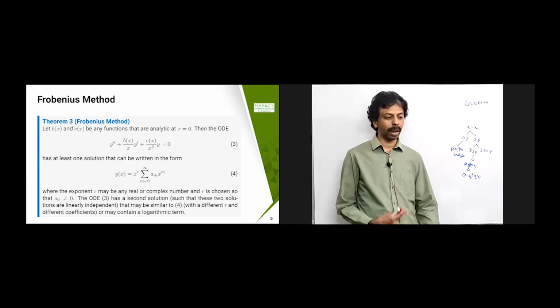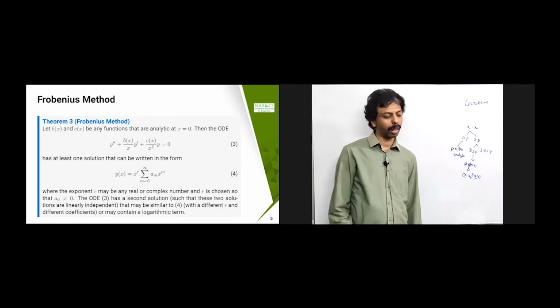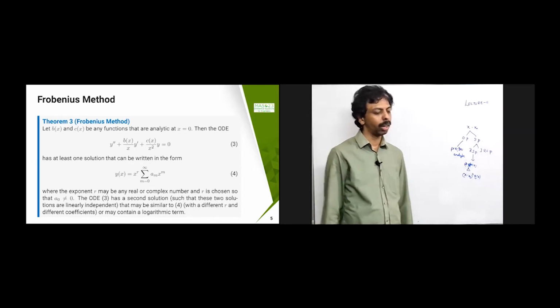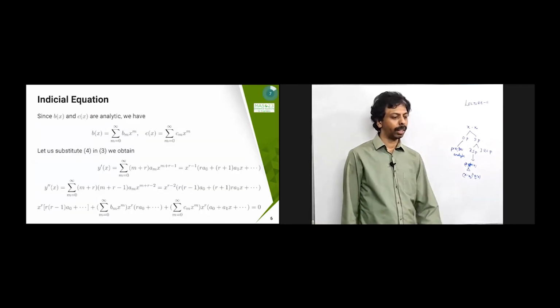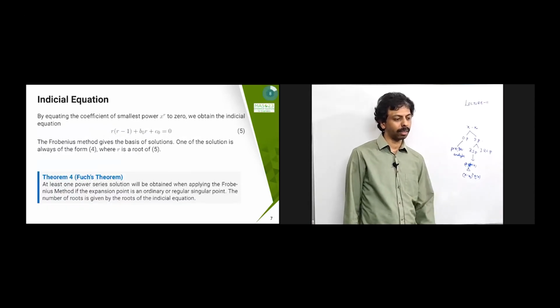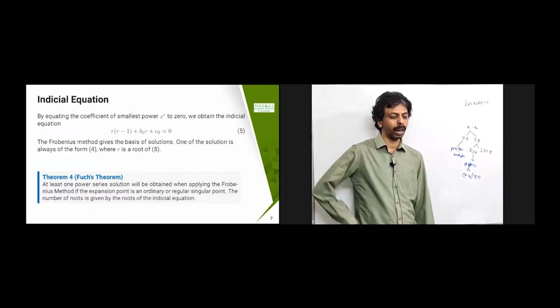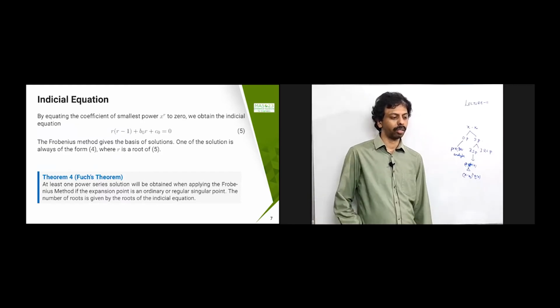Then the second solution you can obtain in a similar way, or you can get it using the logarithmic term. That we are going to see today. Then we derived this one, and we mentioned that r into r minus 1 plus b naught into r plus c naught is the indicial equation.